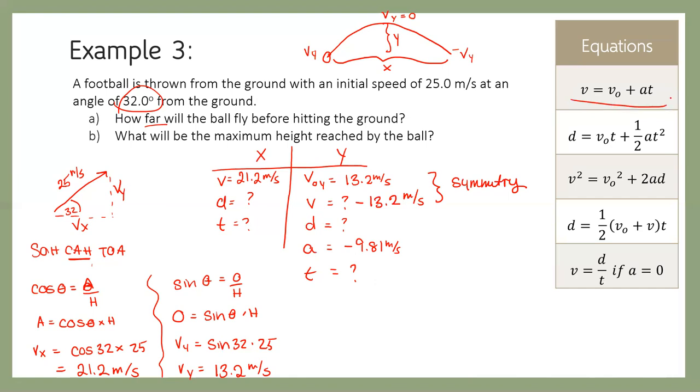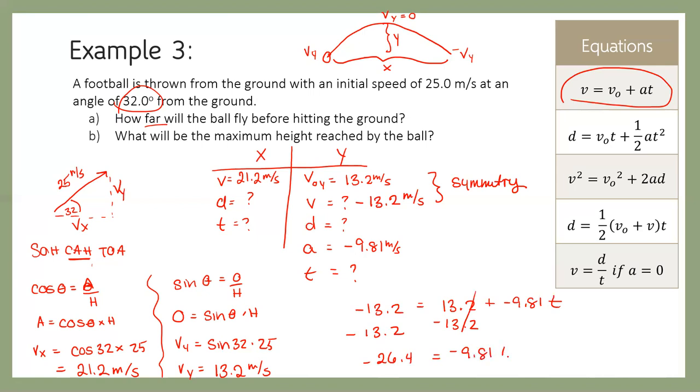Let's use this equation here. Velocity, negative 13.2, is equal to positive 13.2 plus negative 9.81 times t. We're going to subtract 13.2 from each side. We're going to cancel out, and we're going to be left with negative 26.4 equals negative 9.81 t.